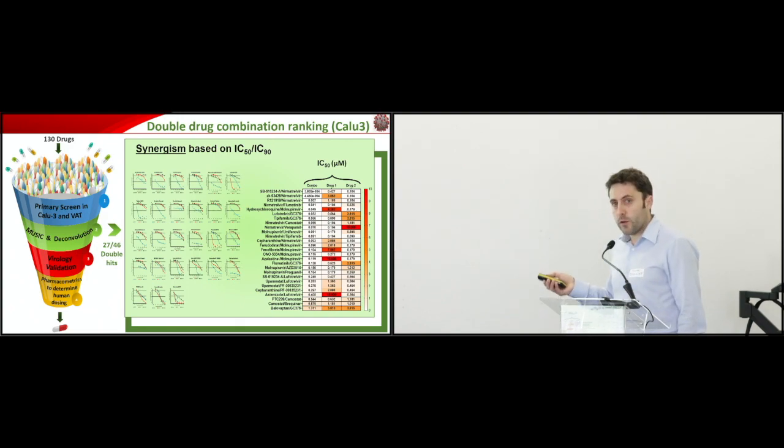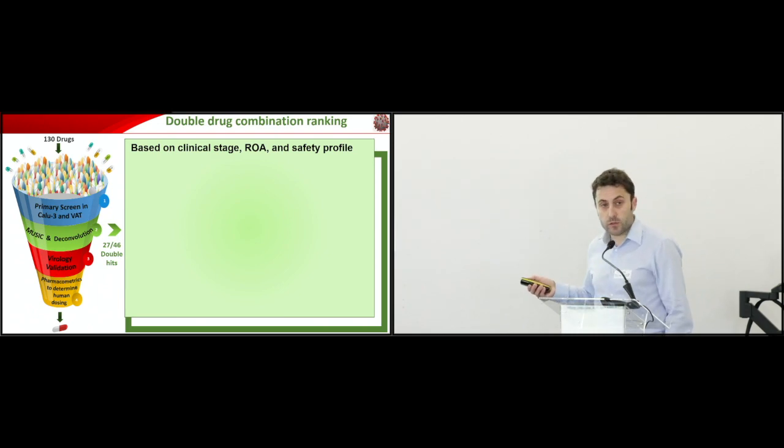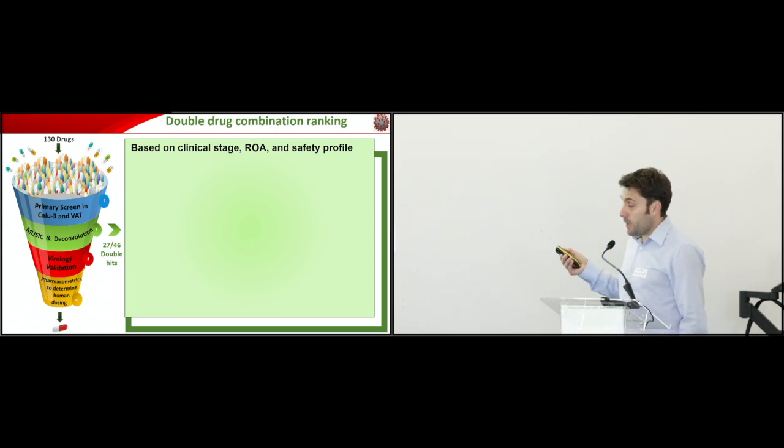Still a high number. So what we did then is we tried to rank them based on clinical profiling. We used 3 criteria for this. We used the clinical stage of the drugs included in those combinations, the route of administration, and the known safety profile of those drugs.